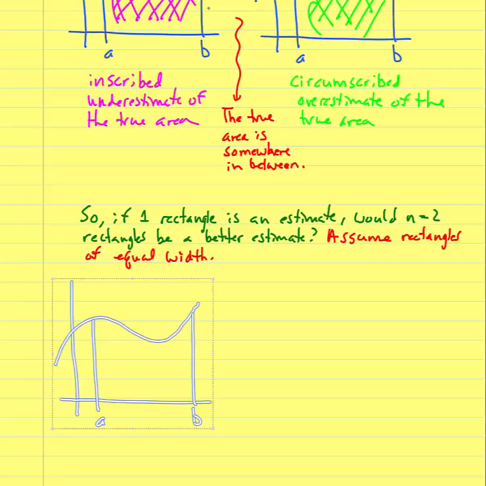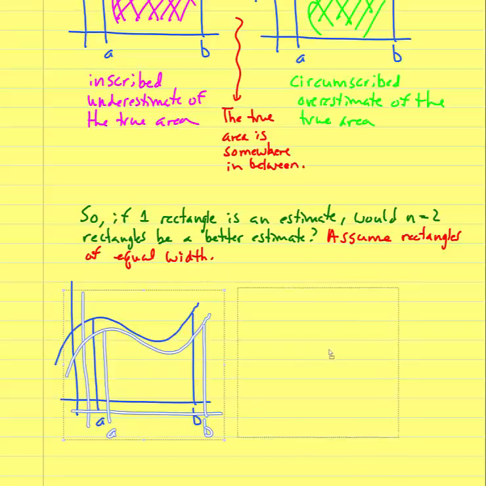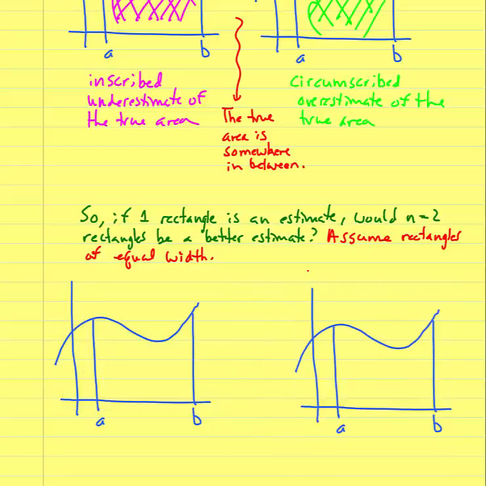And let's go ahead and look at something really interesting that's going to happen. We could go ahead and try and draw two rectangles that might be a better estimate. Now, instead of writing circumscribed and inscribed, we want to talk about left and right endpoints, and then we'll also talk about midpoints as well.